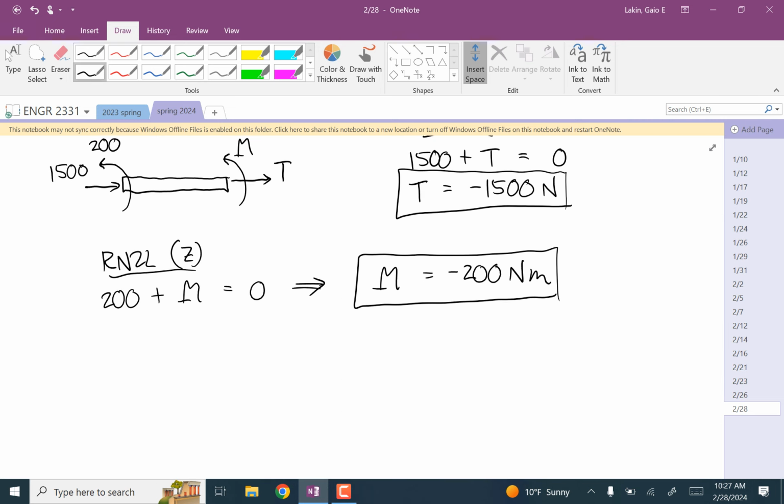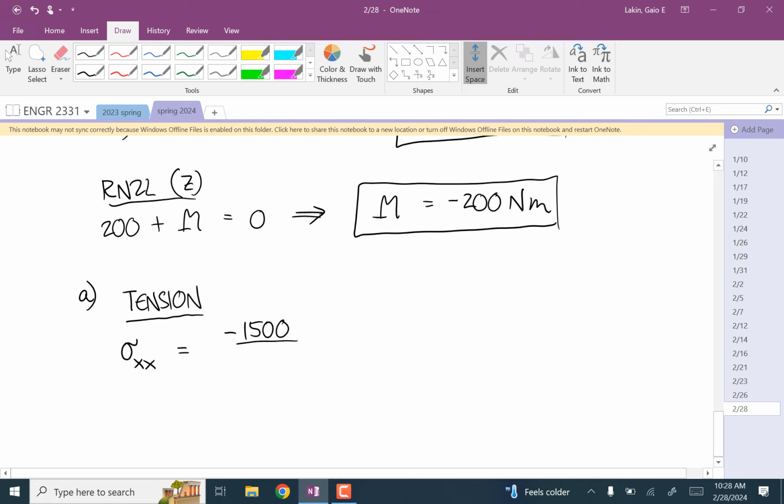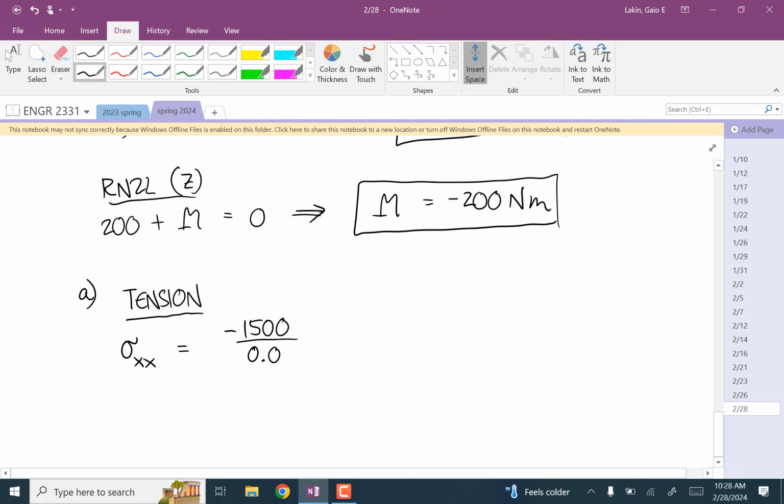Okay, so let's do this first for the square cross section. Okay. So first, let's figure out the stress due to the tension. The XX stress is equal to negative 1500 divided by the cross-sectional area, which was 0.01.